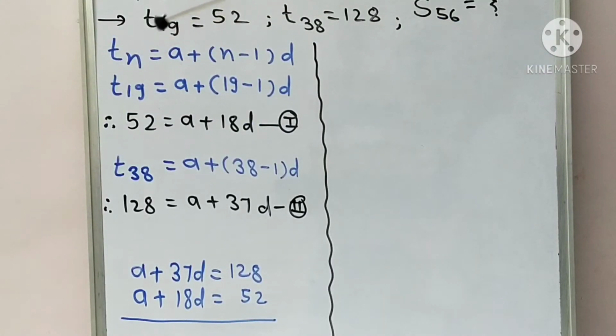Okay, using the formula Tn equal to a plus n minus 1 into d, we put the value of n equal to 19.